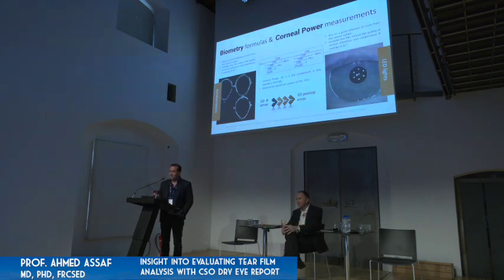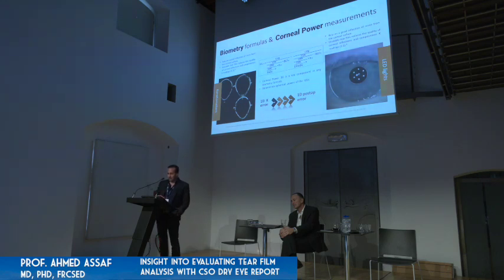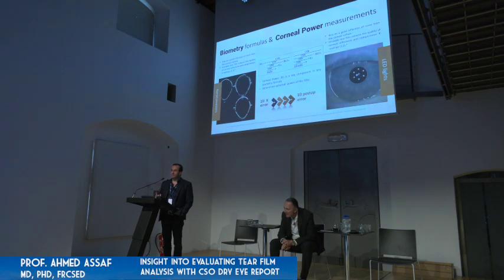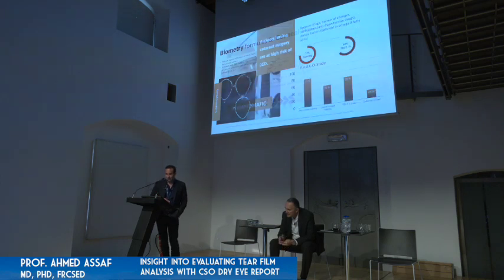If these images are blurry, the machine cannot detect the distance between those images and miscalculates the power of the cornea. This will definitely end up with ametropia after cataract surgery, and one diopter of error in the K readings results in one diopter of refractive error after cataract surgery and implantation of the lens.